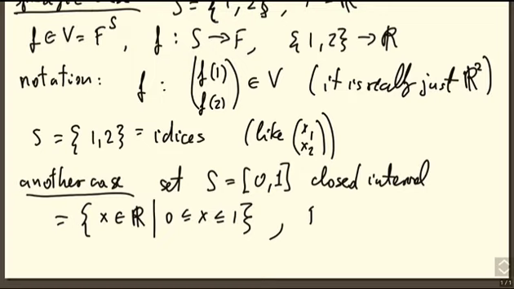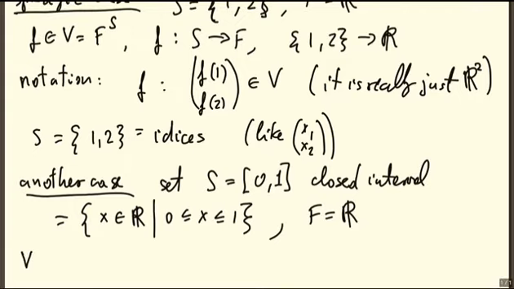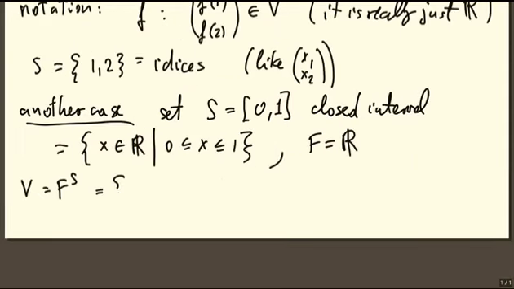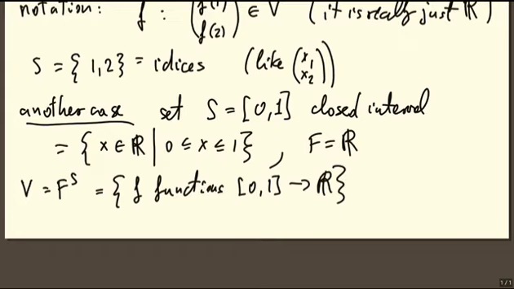Then let's consider again F, the field, to be the set of real numbers. Then according to the definition we had before, this F to the S that we had here, these are the functions mapping from the [0, 1] interval into the real numbers, right?